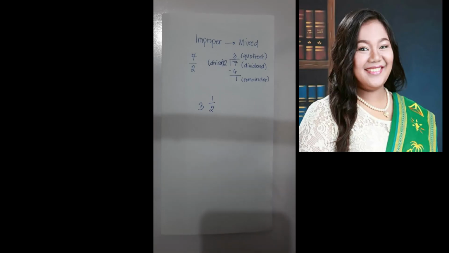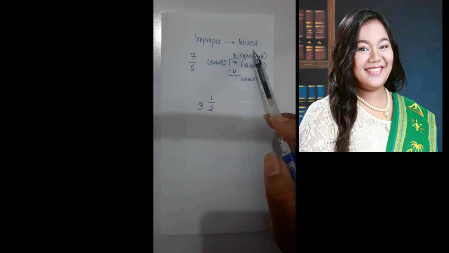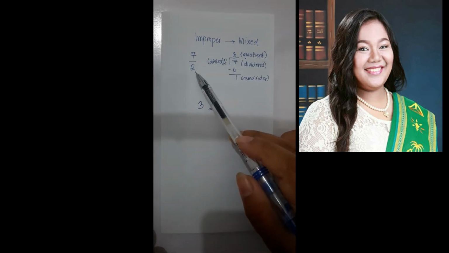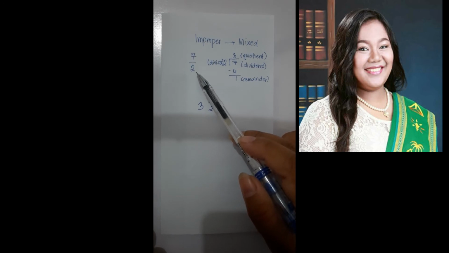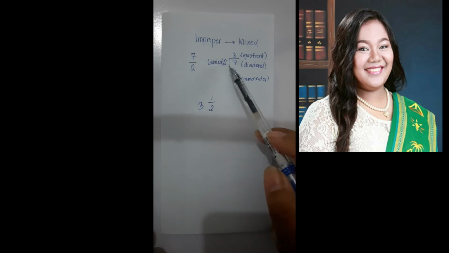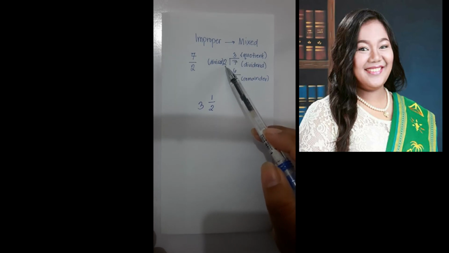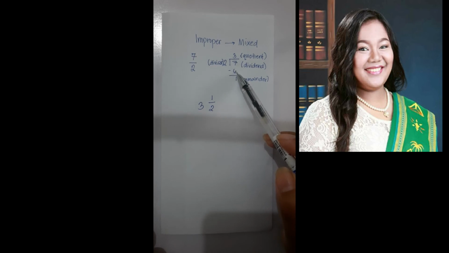How are we going to convert an improper fraction to a mixed number? Consider 7/2. So we will divide 7 by 2. How many 2's are in 7? We have 3. 3 times 2 equals 6. 7 minus 6 equals 1.